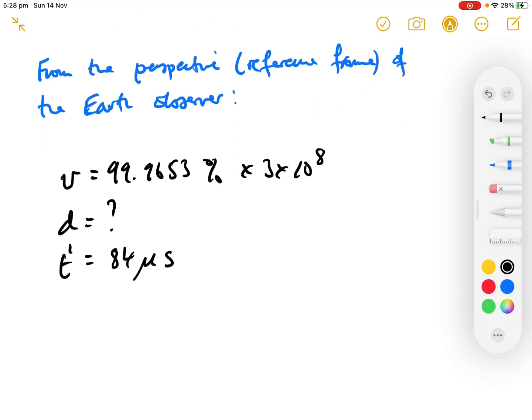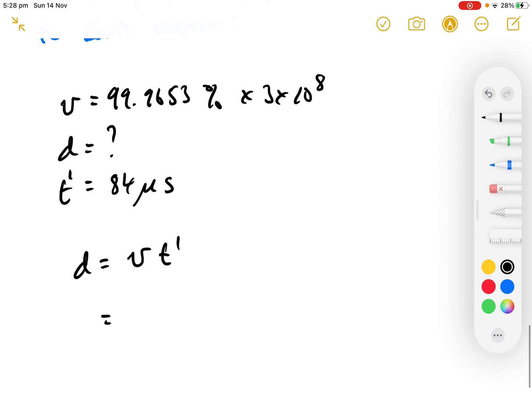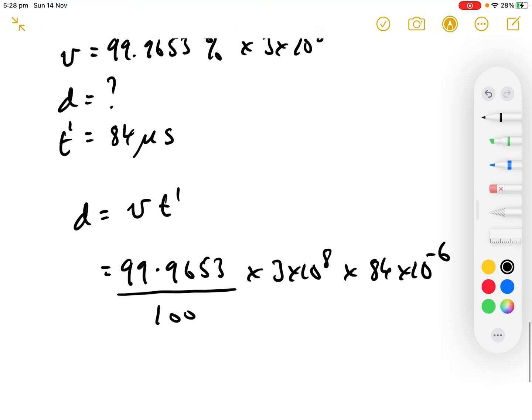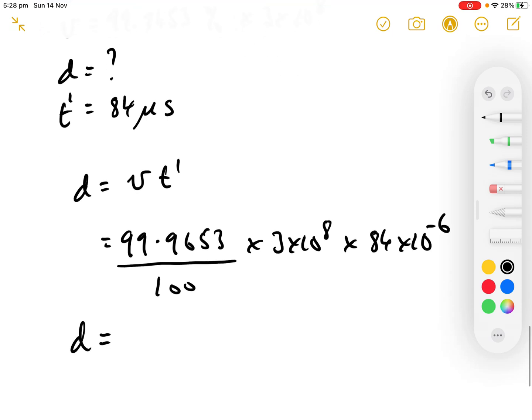Well, let's see if the distance travelled matches what we would expect. So when we do a distance is speed times time calculation now, we'll get 99.9653 over 100 times 3 times 10 to the 8, and we're multiplying that by the dilated time, so that's 84 times 10 to the minus 6.